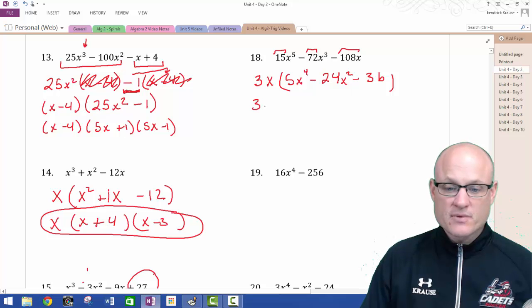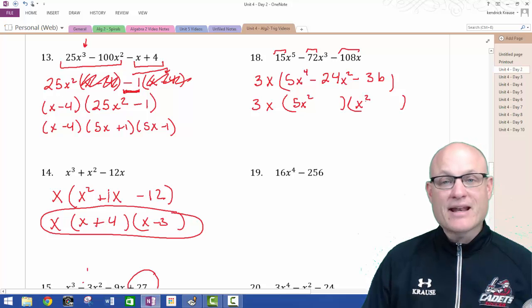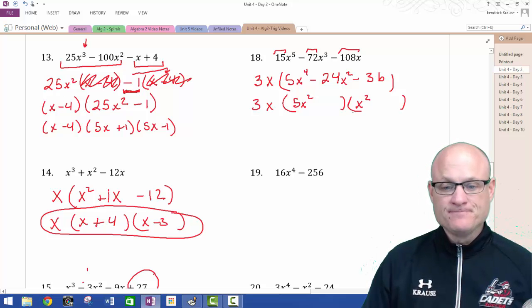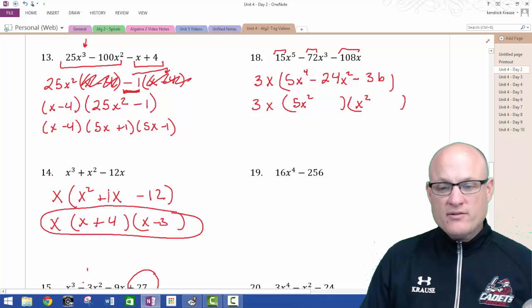Not done. 2 sets of parentheses. The only way to multiply to 5x to the 4th is 5x squared times x squared. That's not necessarily true. I know there's a million other ways to do it. This is the easiest way. Since this is minus, the signs have to be different. And we have to somehow come out with negative 24. There's lots of different ways to multiply to 36.